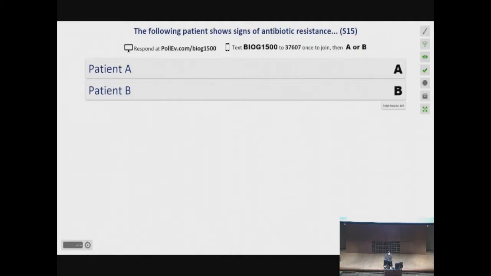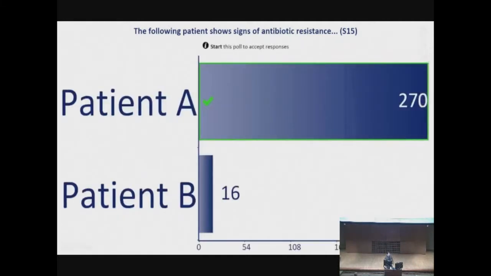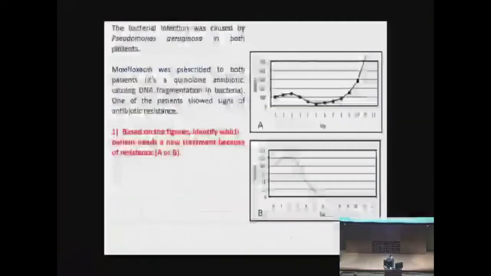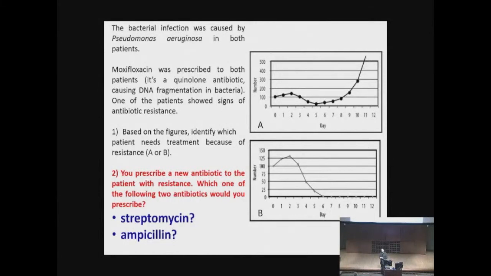Right, 10 more seconds. All right, the majority of you said patient A. All right, this is the second question, and again, I'm going to get back to these answers later. I'm just curious whether what you think now and what you may think later.